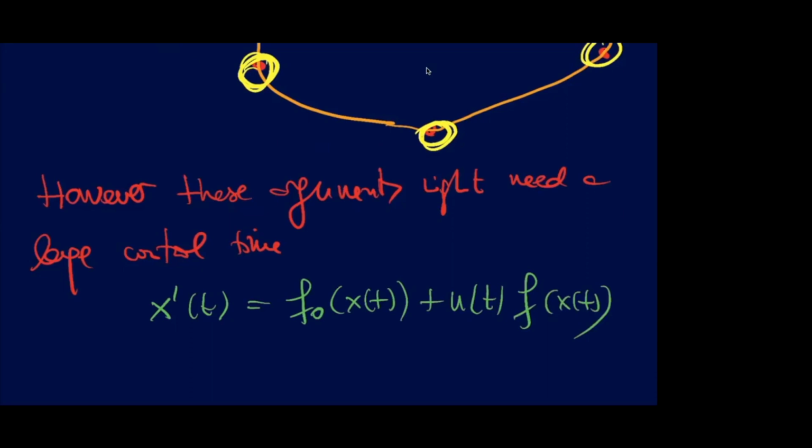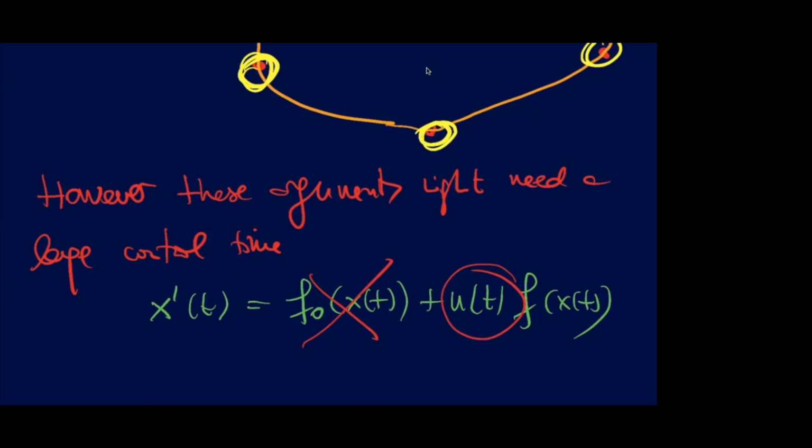But there are many control systems, in particular those in which this drift term is not present, and the control is multiplicative, as is the case in the neural ODEs, for which, once you know that the nonlinear system can be controlled maybe in long time, then it can also be controlled in an arbitrarily short time.